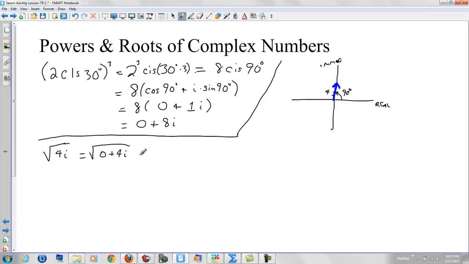So we could express 0 plus 4i as 4 cis 90 degrees.